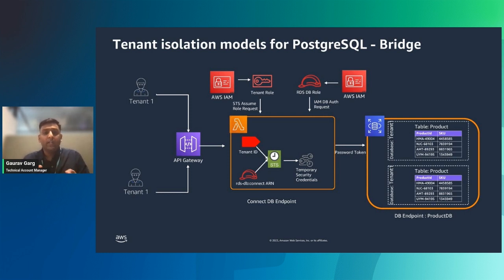So in this design, the Lambda function takes the tenant name from the context, passed as a custom JSON Web Token, or JWT. And then we use the tenant identifier as a database name to access the specific tenant data. So like I said, it strikes a balance between the two models that we looked at prior.